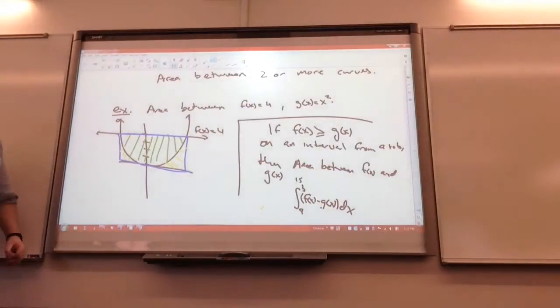That is, you find the area of f of x and then subtract from it the area from g of x. Okay? Again, remembering that these areas are the stuff bound by the curve and the x-axis.